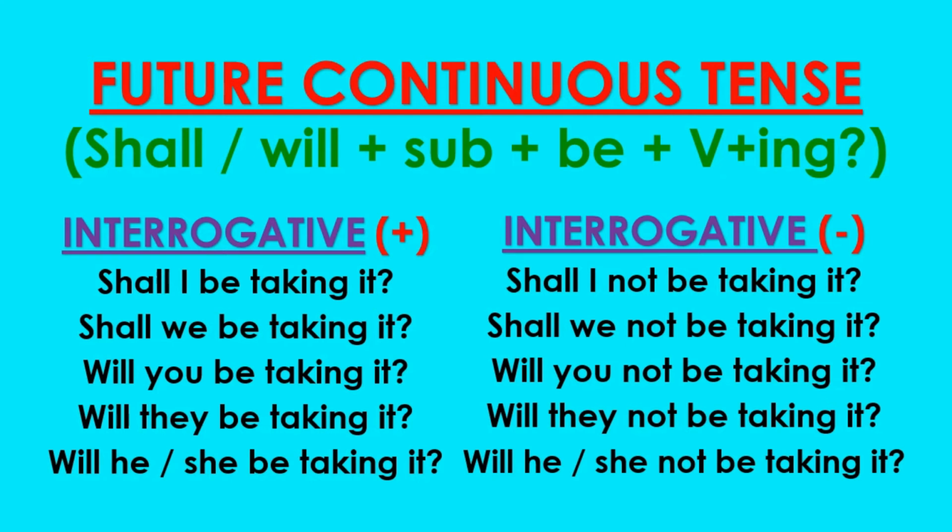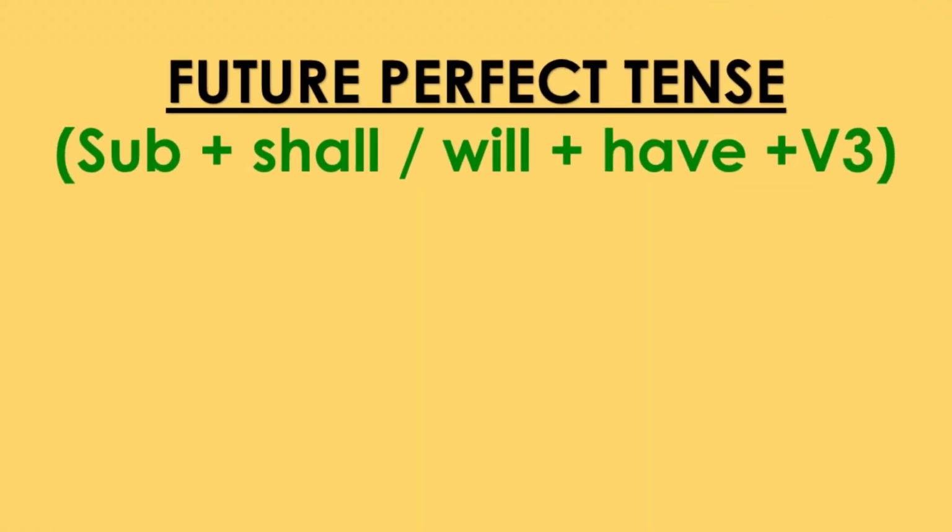Let us now move ahead and see how sentences are constructed in future perfect tense. Now what do we understand by future perfect tense? Future perfect tense is used to indicate the completion of an action by a certain future time.